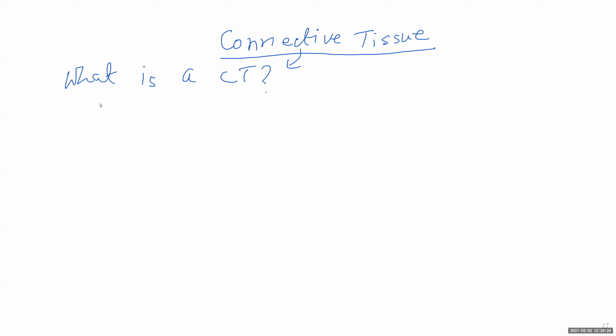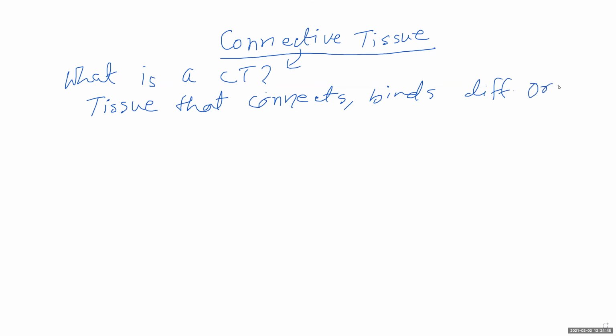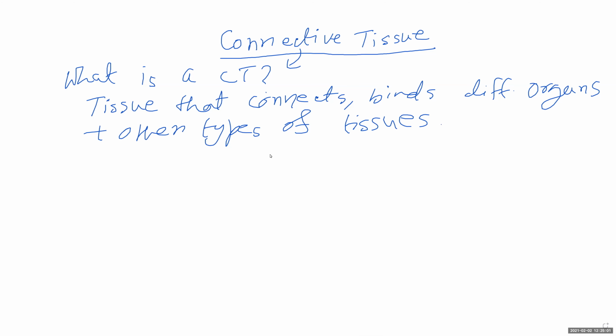These are tissue that connects, binds different organs and other types of tissues. Basically, connective tissue is the most commonly found tissue within the human body.